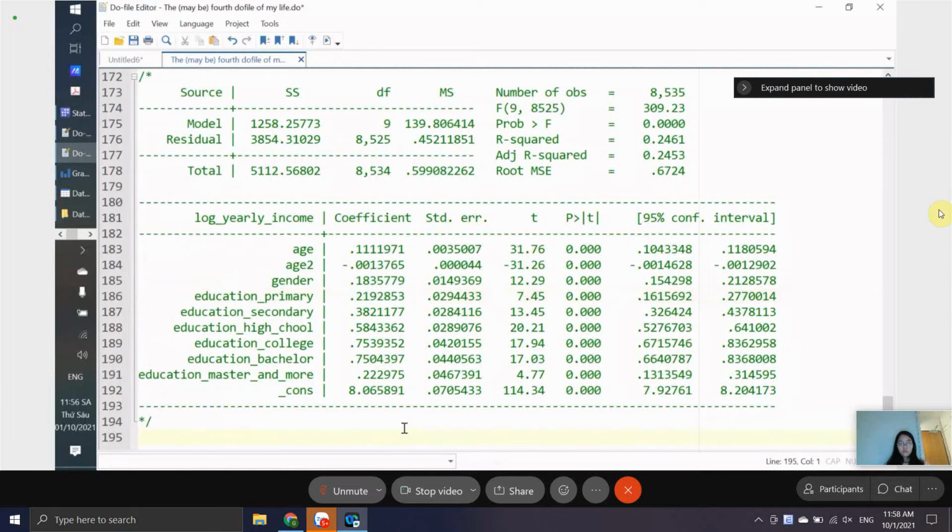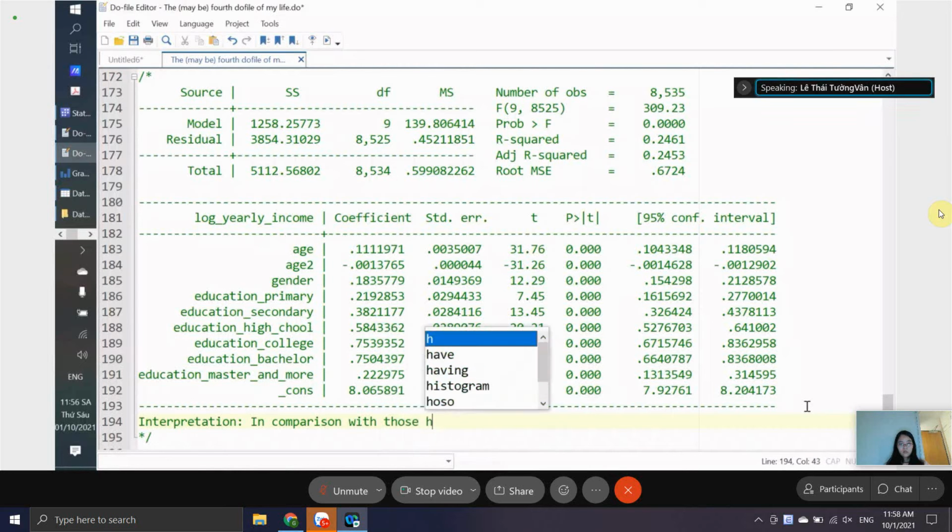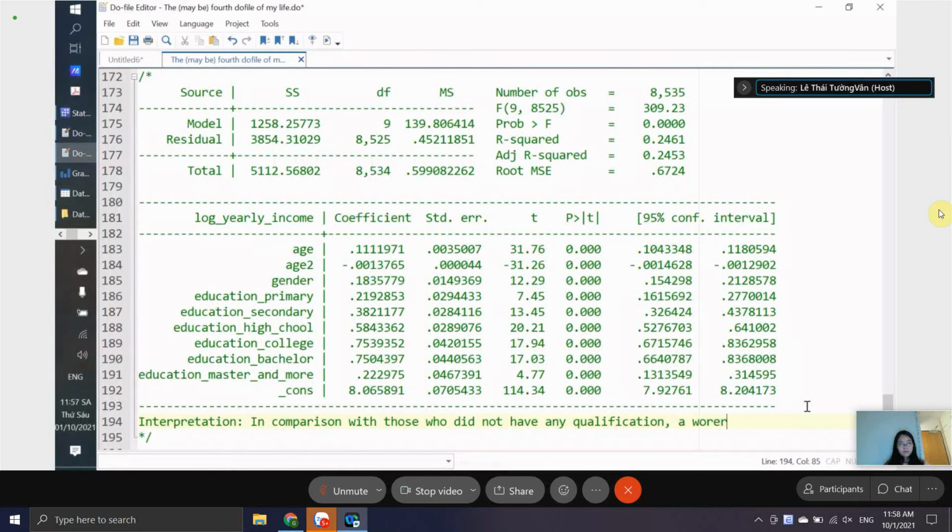Interpretation: in comparison with those who did not have any qualification, a worker with a primary education degree earns 21.93% higher wages and salary.